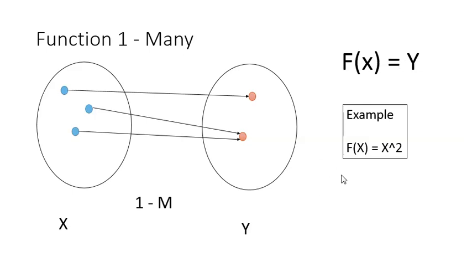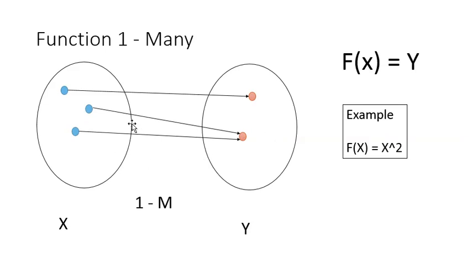An example of this would be f of x equal to x squared. So this dot here might represent, for example, the value of -1. This dot over here might represent the value of +1. Now both of those, if I square -1 or +1, I will get the same answer. So this would be an example of a one-to-many function mapping.